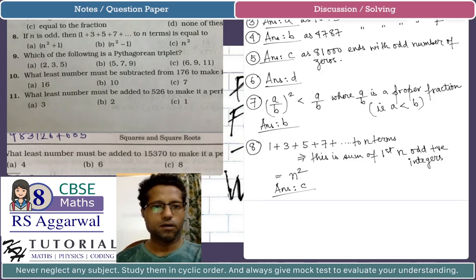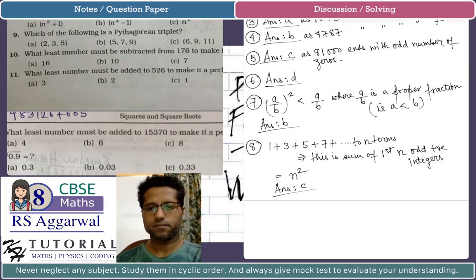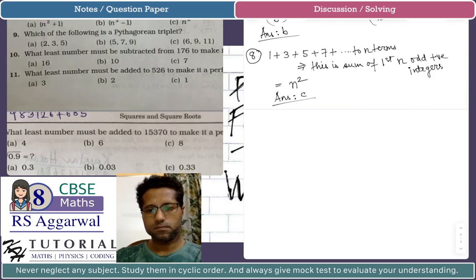Question number 9. Which of the following is a Pythagorean triplet?